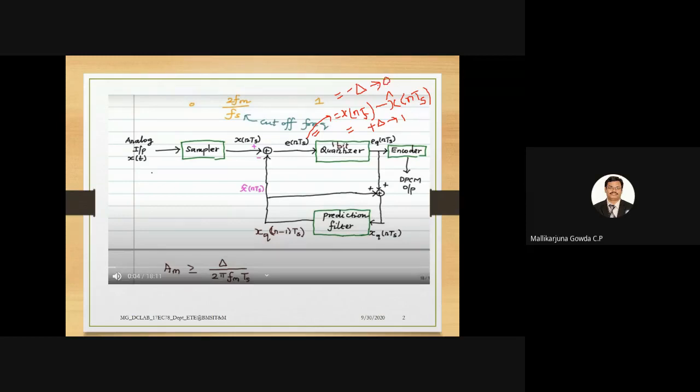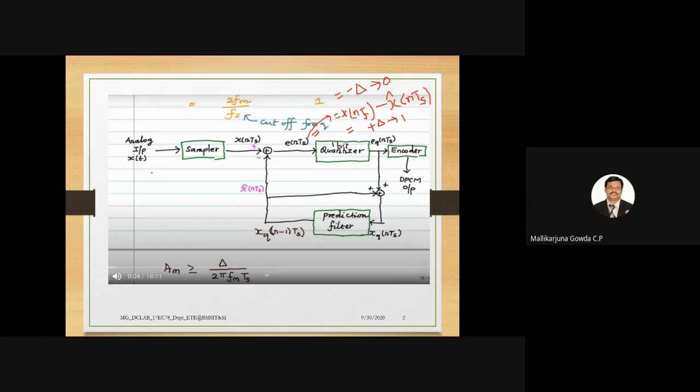So this is how we convert the analog input signal into a binary digital one. Here we will be getting only two values, 0 or 1. It will be incremented either by delta or decremented by delta depending upon the comparator output, whether it is positive or negative. Is it fine? Yes, sir.